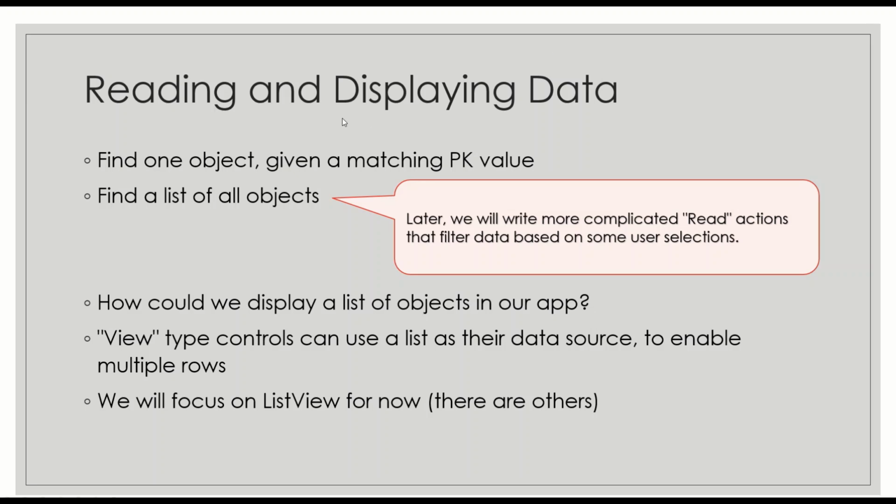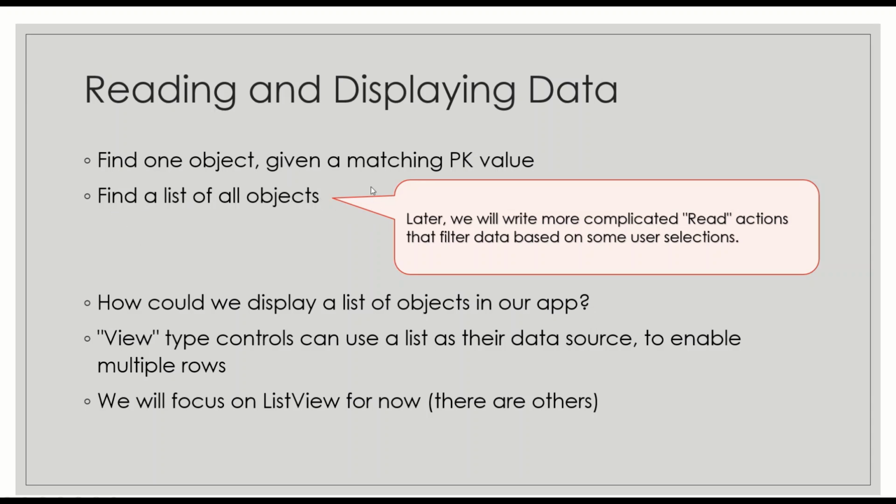Now, last time, we were able to read and display data from our database table by finding one object. So we did that project last time where we found one object given a matching primary key value. So this time we're going to start by finding a list of all objects.